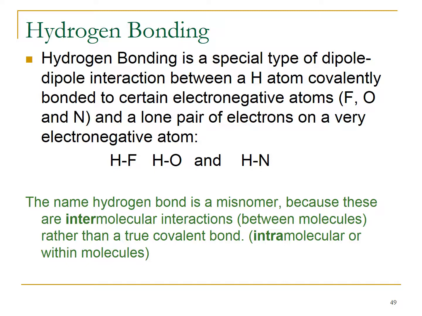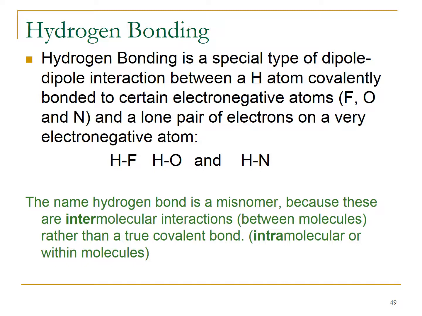So a hydrogen is very, very tiny, and the N, O, or F is very, very negative. And so what happens is you get a very polar molecule, and the interaction between them. So it's still a dipole-dipole interaction, but it's a very strong dipole-dipole interaction for two reasons. Because the negative side is very negative because of the high electronegativity.